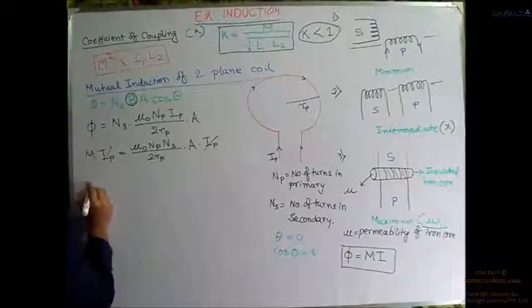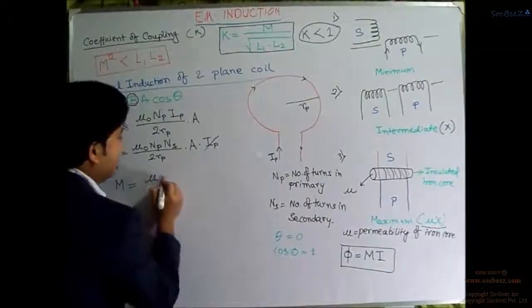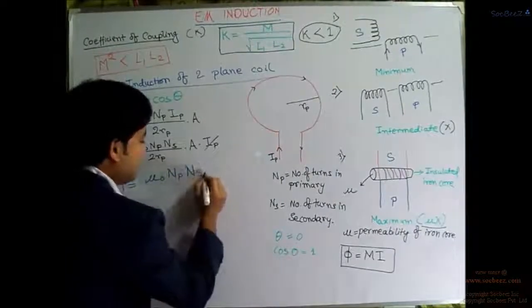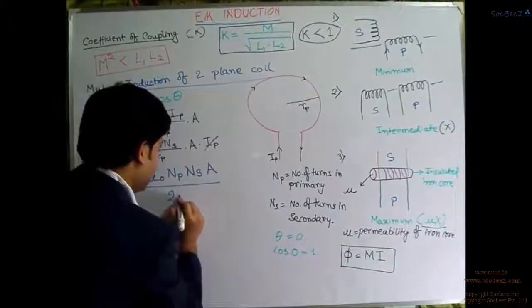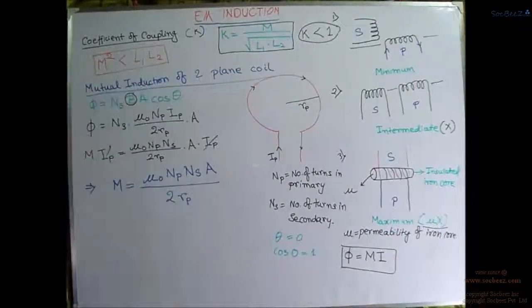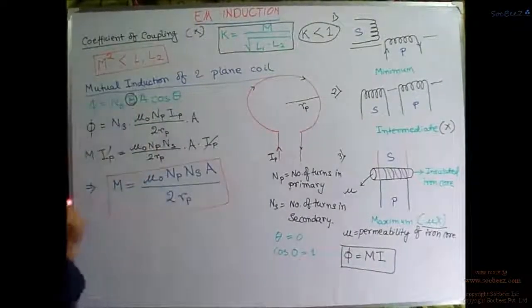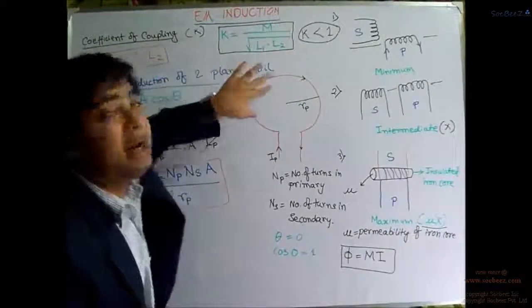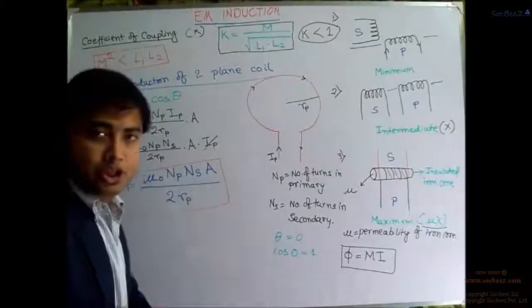So the leftover expression will be M equals mu naught multiplied by Np Ns multiplied by the area divided by 2 Rp. So this is the expression for the mutual inductance of two plane coils when they are placed in such a position.